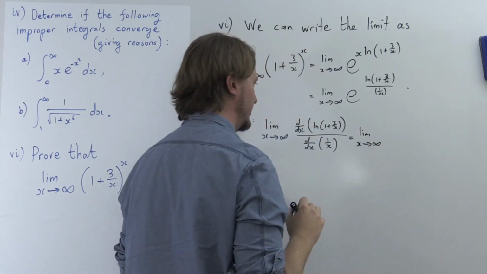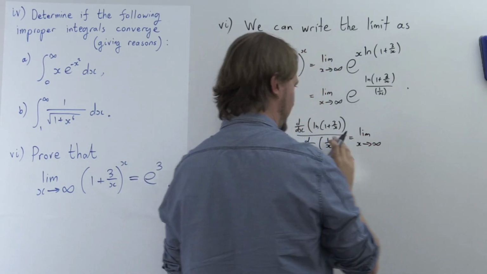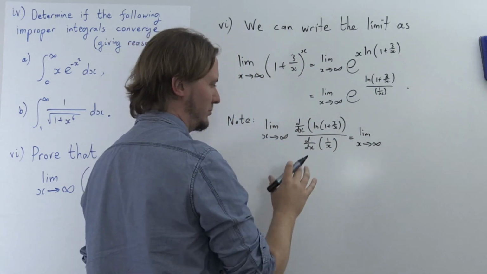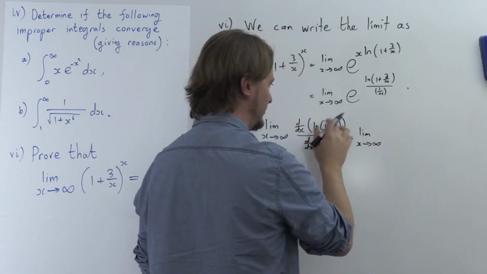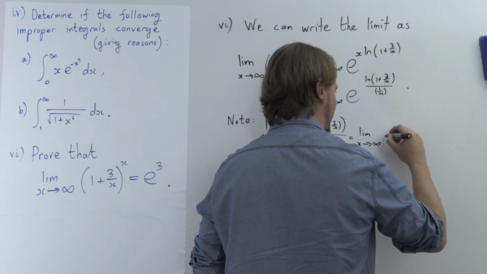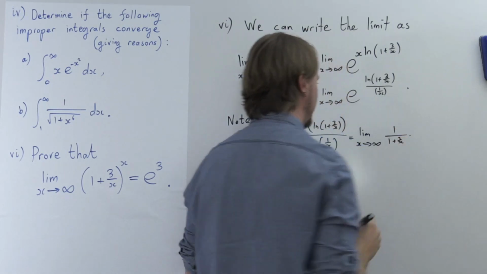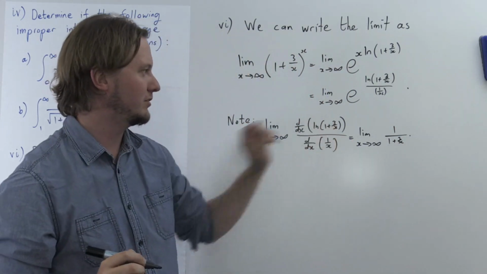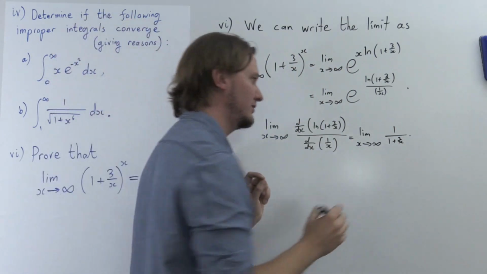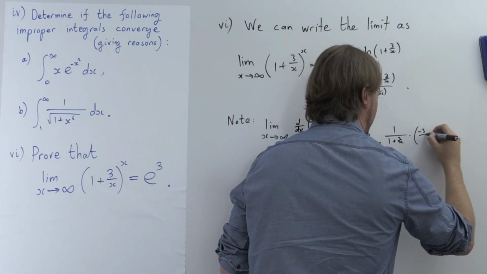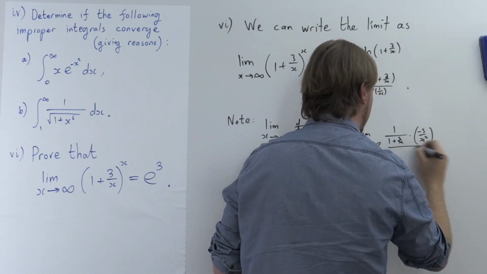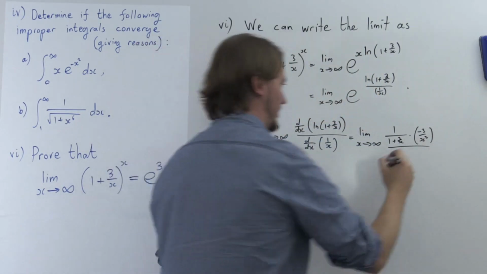This is not the prettiest thing, but it will work. When I take the derivative of the log, I get 1 over (1 plus 3 over x). When I take the derivative of what's inside, that will give me a minus 3 over x squared, and the one on the bottom is just minus 1 over x squared.